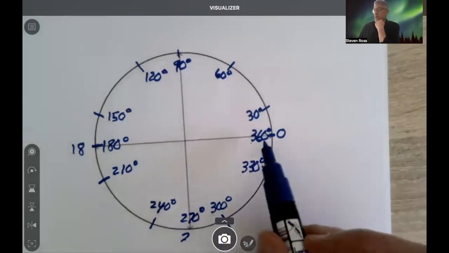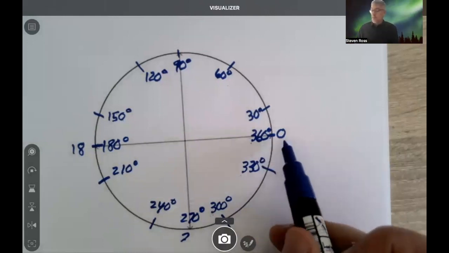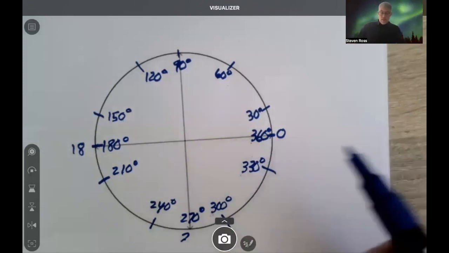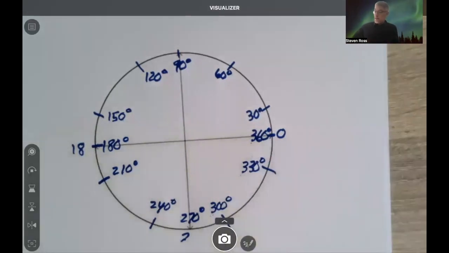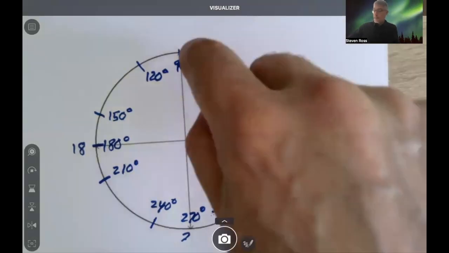So we call this coterminal: a 360-degree angle is the same thing as 0 degrees. So those are going to be our 30s, 60s, and 90s.